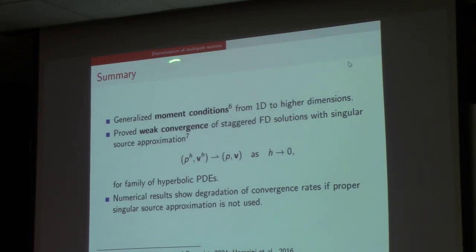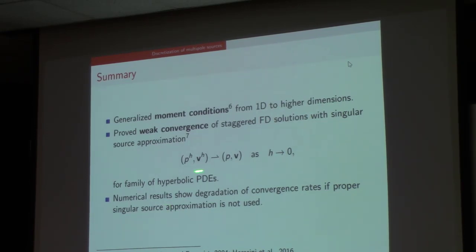So just to give you a summary of the work, generalized moment conditions. There was some previous work on these moment conditions that was only for 1D. I generalized the work to higher dimensions, and more importantly, I showed some convergence results. We really had to be careful of what we meant by convergence. You had a PDE with a singular right-hand side. What is it that you mean when you say that your numerical method is converging to the solution of the PDE?